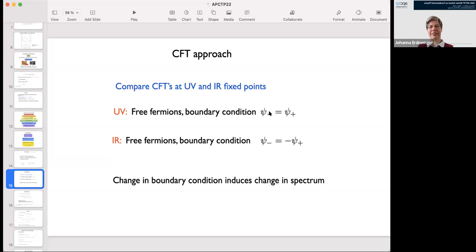And as I will explain in further detail as I move along, in the infrared the boundary condition is that there will be a phase shift.